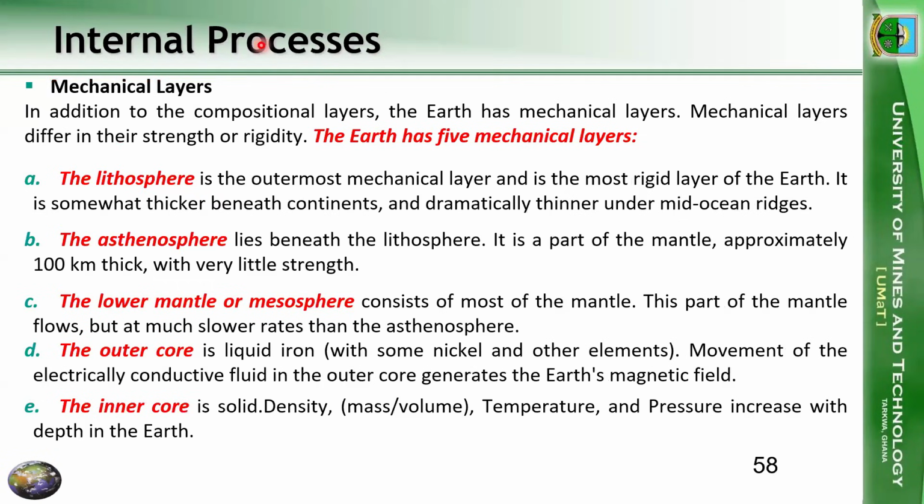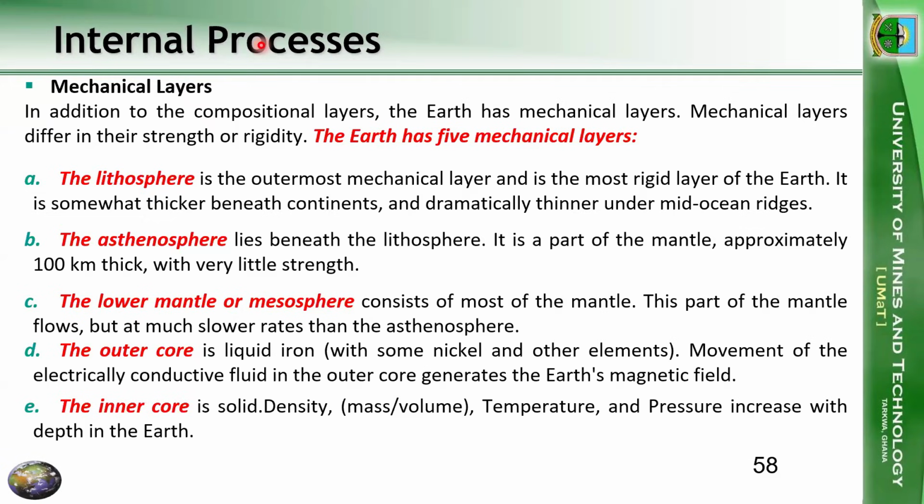So now we are done with the compositional layers. We could begin to look at the mechanical layers. The Earth has 5 mechanical layers: the lithosphere, the asthenosphere, which we said is beneath the lithosphere, right? Then the lower mantle, which we also call the mesosphere, the outer core, and then the inner core.